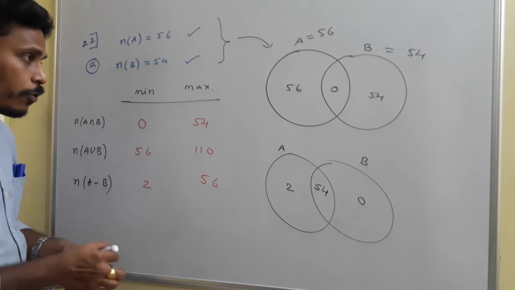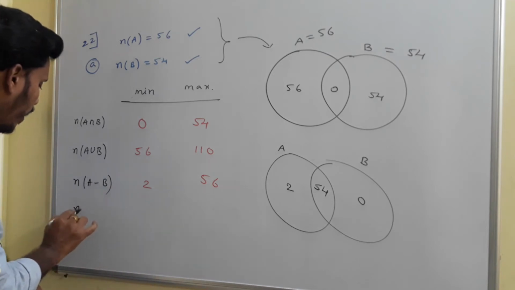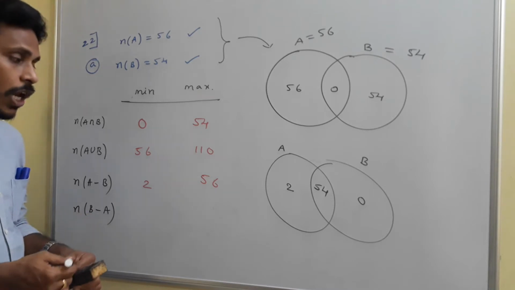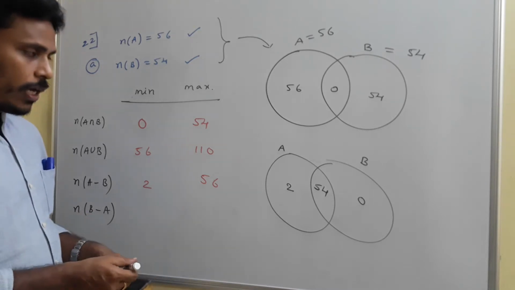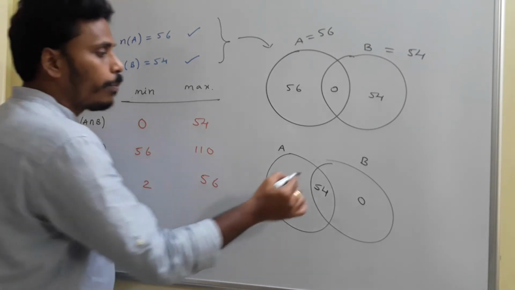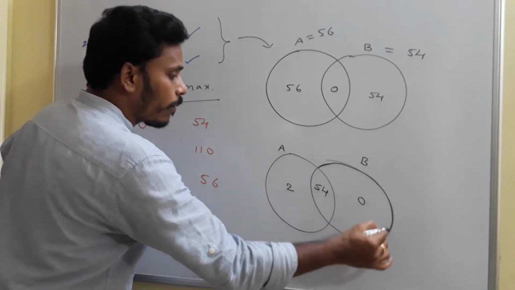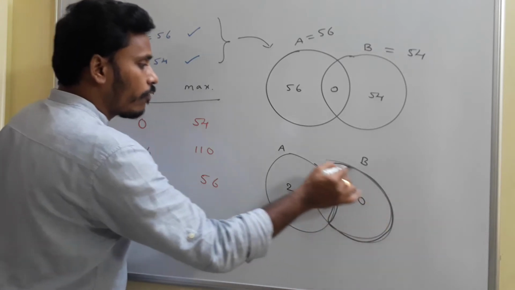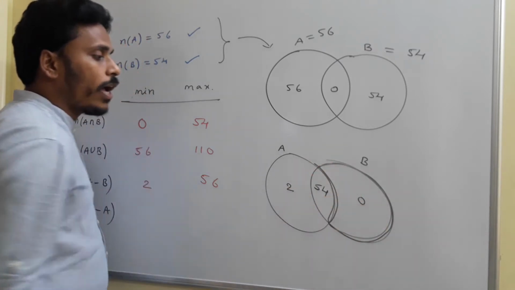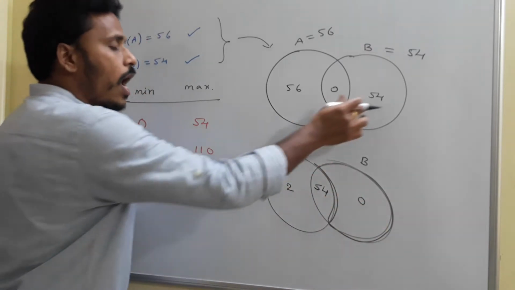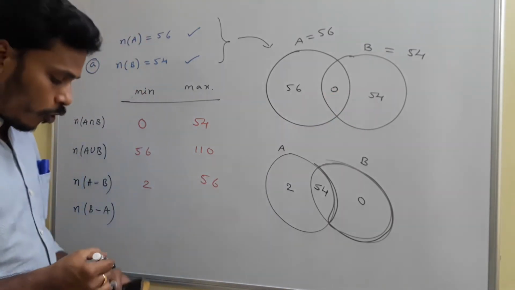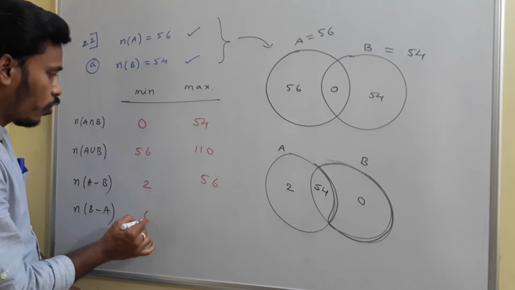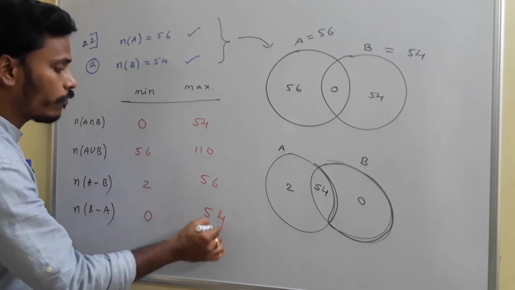And suppose anybody asks you to find the minimum as well as the maximum possible value of n of B minus A. We know that B minus A means this region, the region which is in B, not in A. For this region, one extreme value is 0 and the other extreme value is 54, and among these two values, the minimum value is 0 and the maximum value is 54.